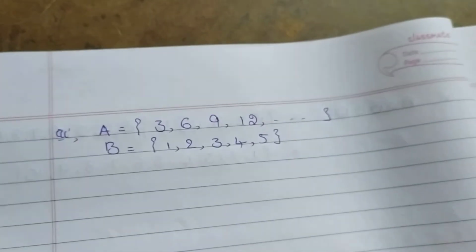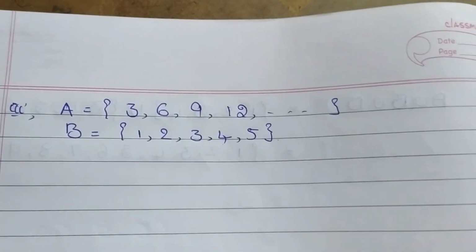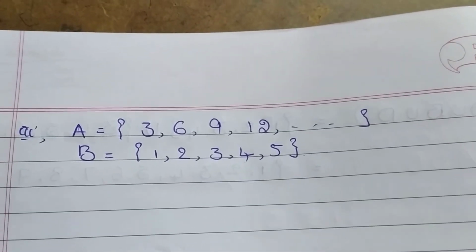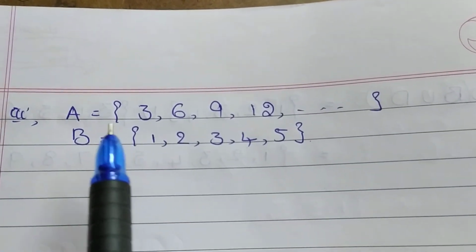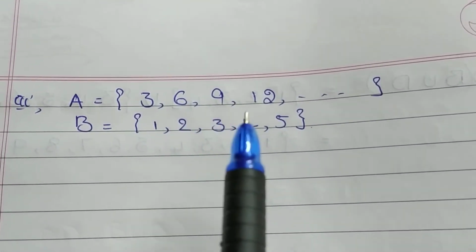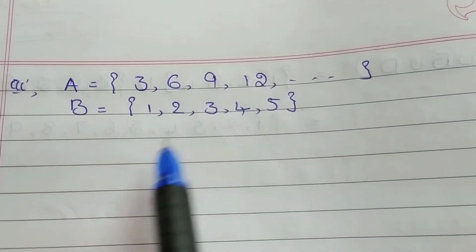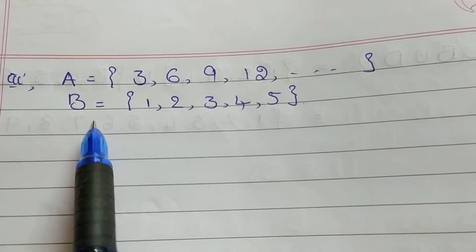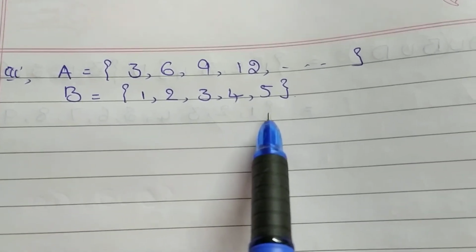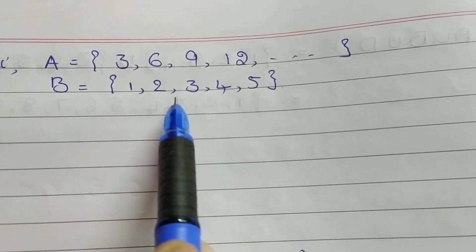Now coming to the third problem, they gave in the set builder form that A is X such that X is a multiple of 3. So 3, 6, 9, 12, like that. And B is a set containing the elements less than 6. Those are natural numbers they gave.